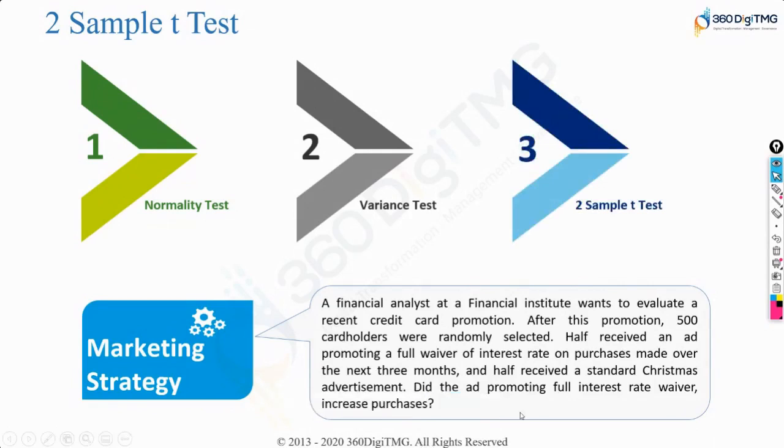Let's say a financial institute which gives credit cards, say a bank, is evaluating an offer. They want to launch an offer, but they cannot blindly launch it. So a financial analyst, a manager, randomly chooses customers and does a trial launch.